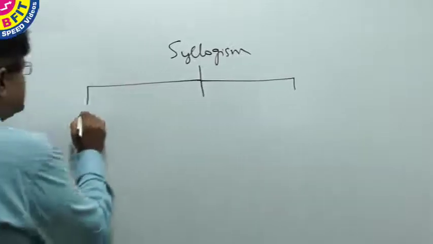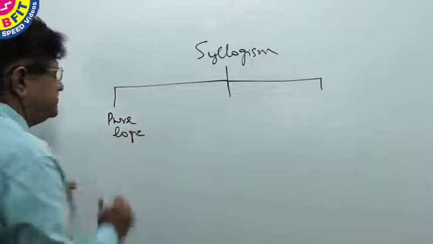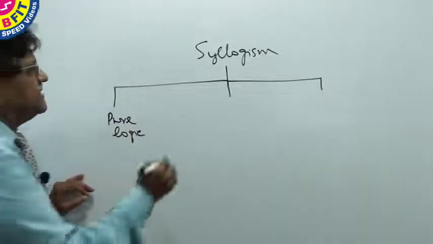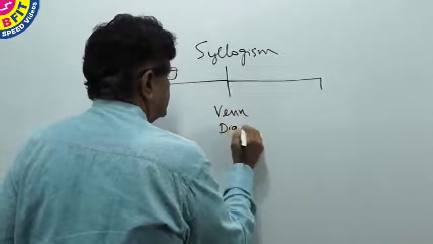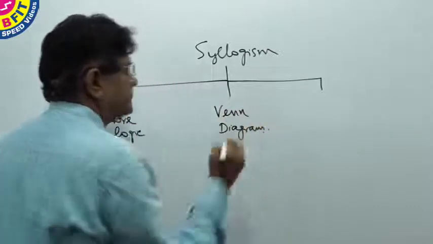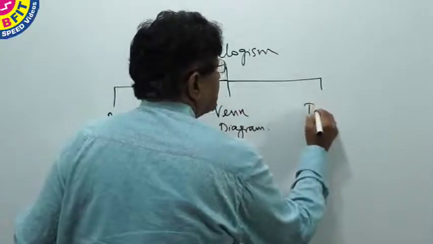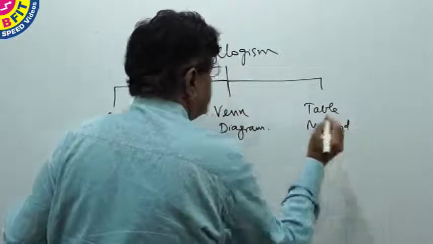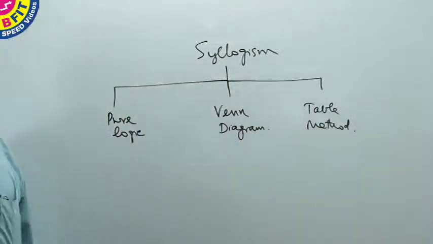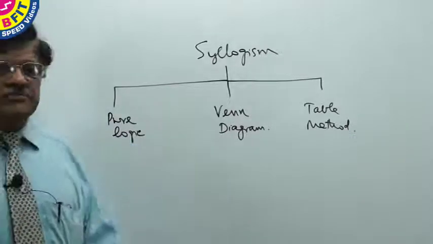One method is pure logic. The second method is called Venn diagram. The third method is called table method. Now we can use any of these three methods to solve problems of syllogism.